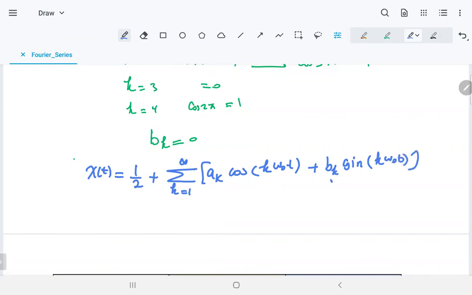We are lucky, bk is equal to 0. We have only cosine terms.